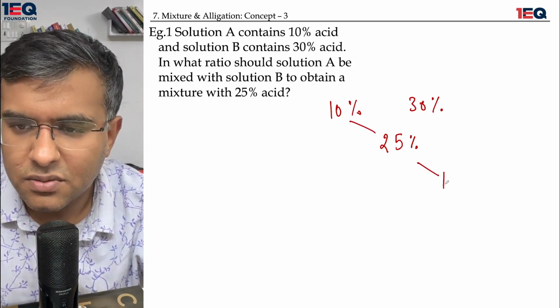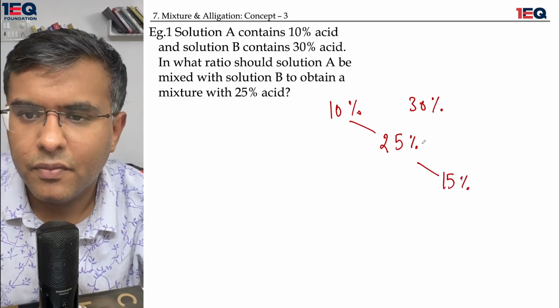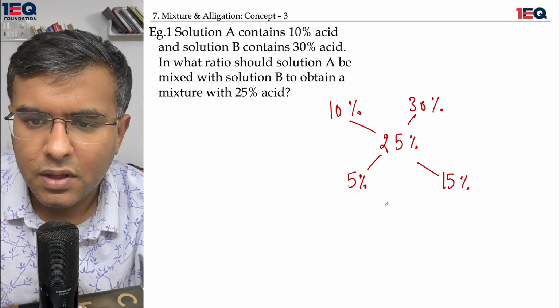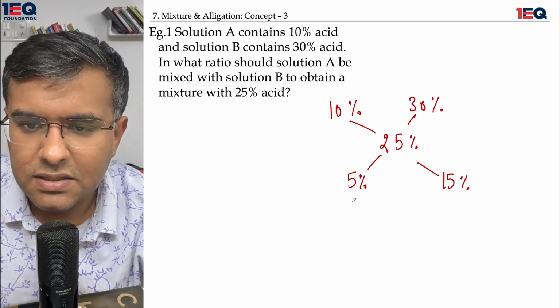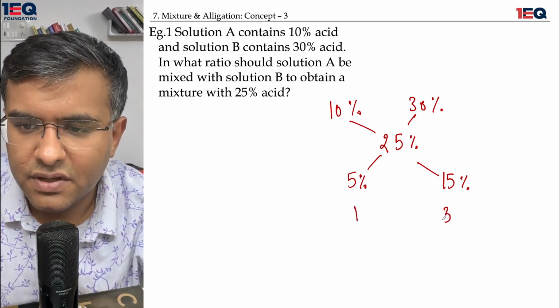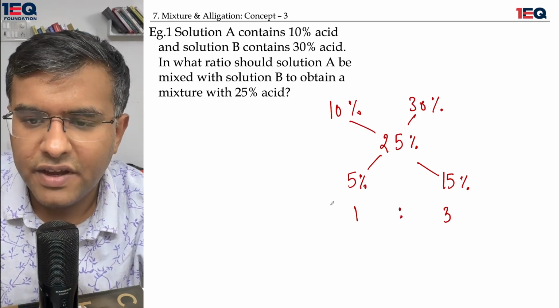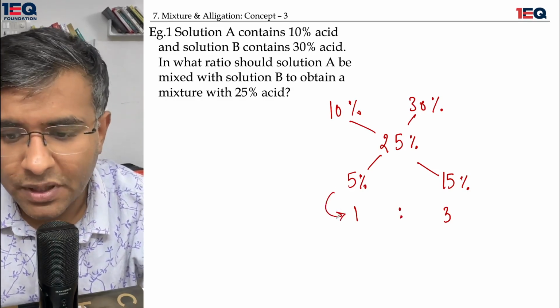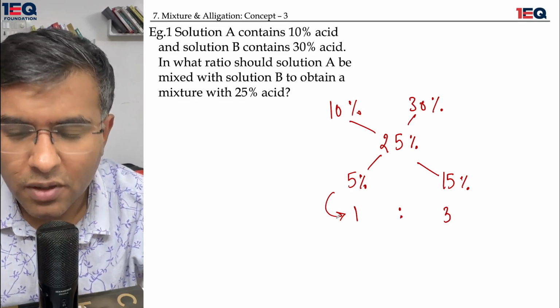So the gap is 15%, the gap is 5%, the percentage signs would get cancelled. 5 ones are 5 and 5 threes are 15. So the final answer would be 1 is to 3. See how quickly I'm jumping to conclusions. Okay, moving on.